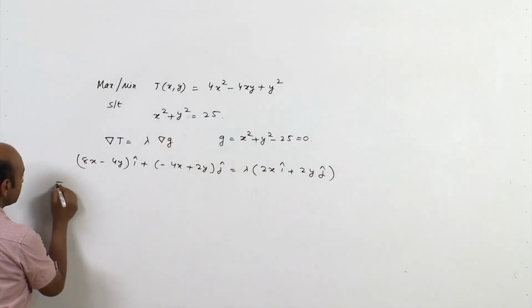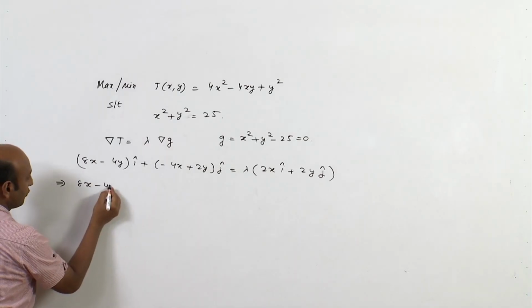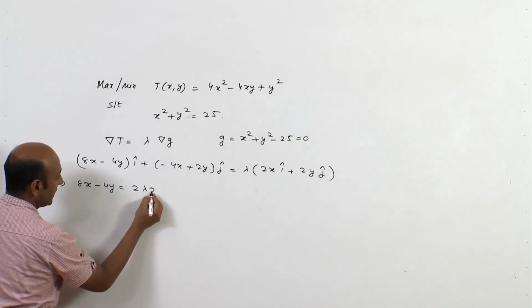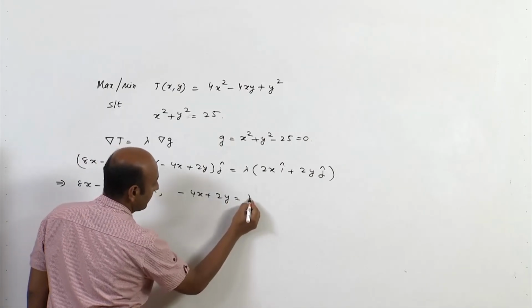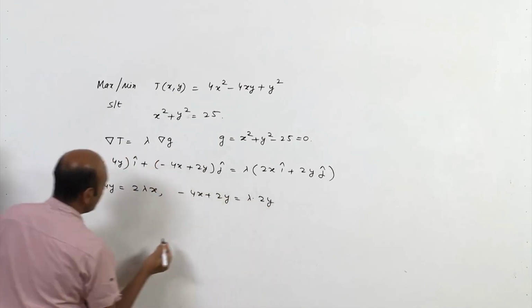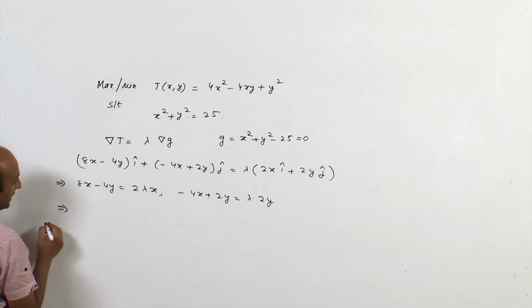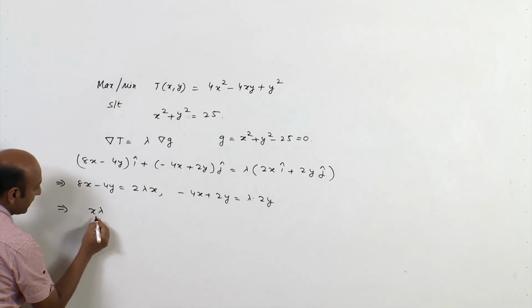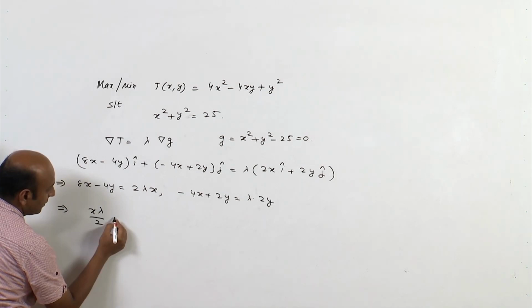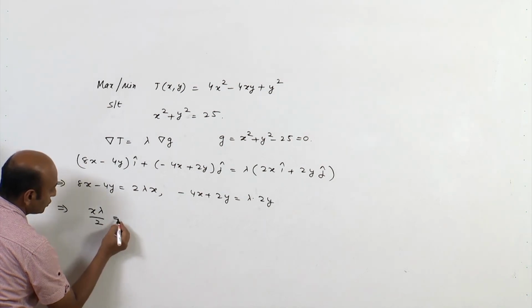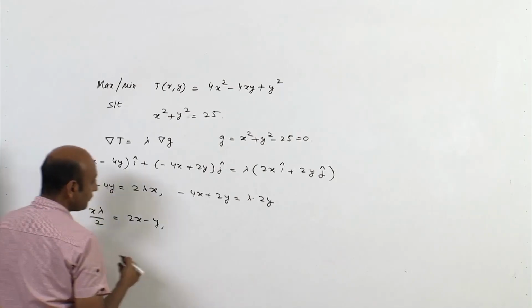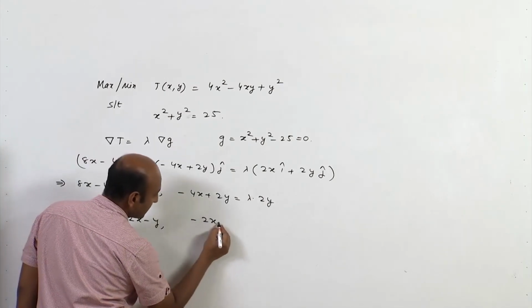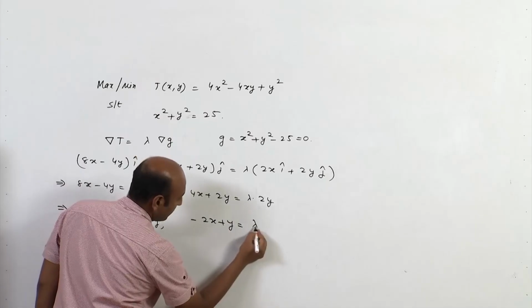So, this implies 8x − 4y = 2λx and −4x + 2y = 2λy. So, from these two equations, λx/2 = 2x − y from here, and from here it is −2x + y = λy.